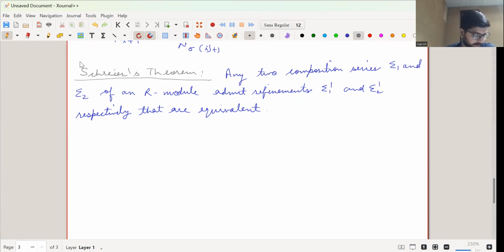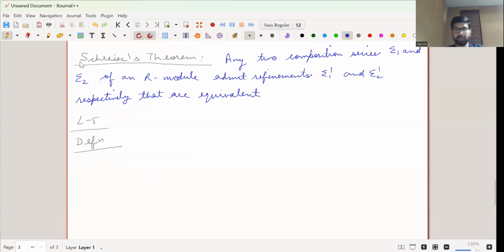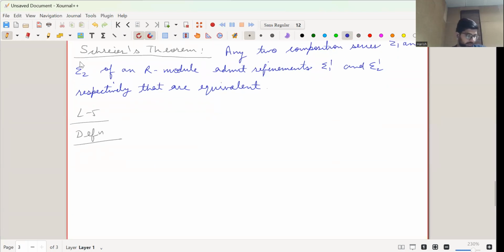Next is lecture 5. In lecture 5, there were some chain conditions discussed. We just define them also because they are also needed in solving the assignment.